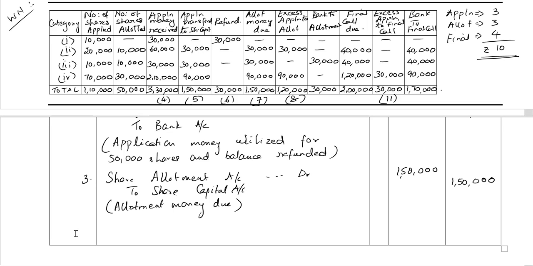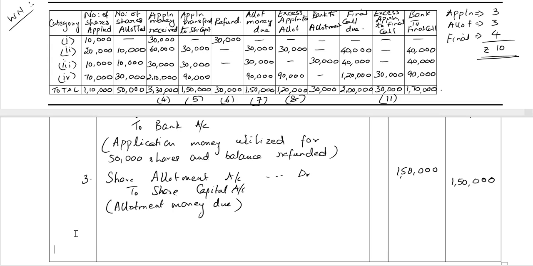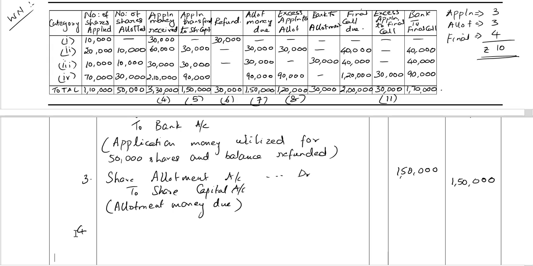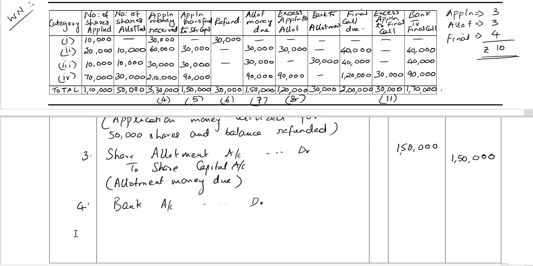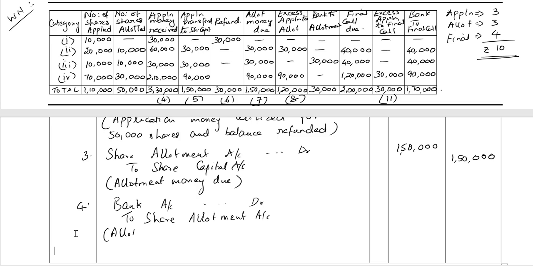Next entry is for receipt of allotment money, bank account debit to share allotment account for allotment money received.